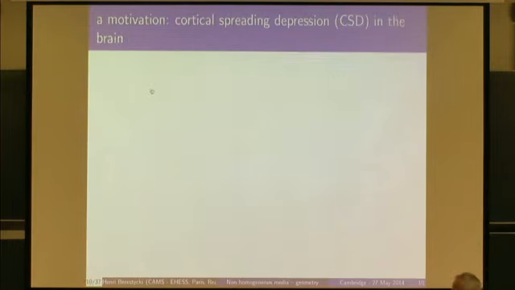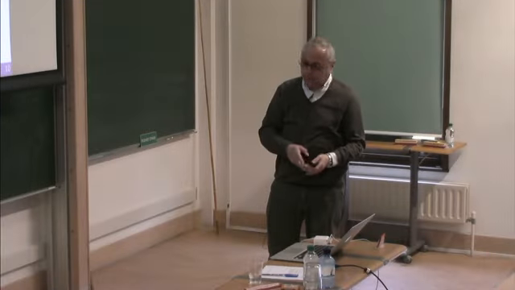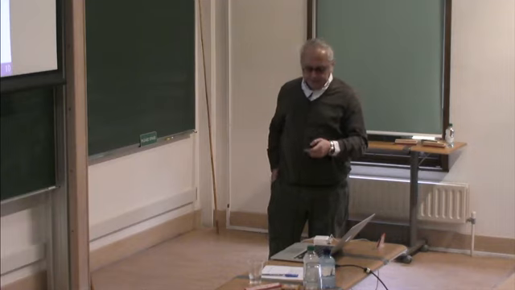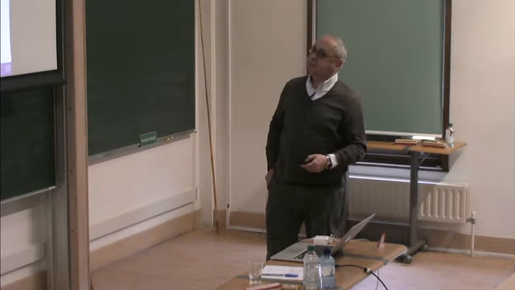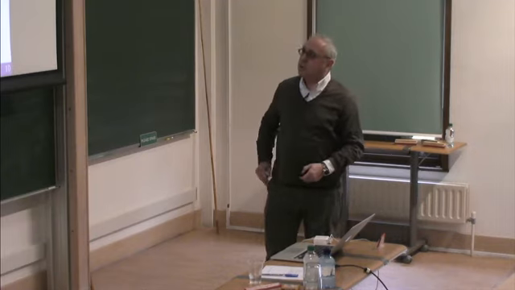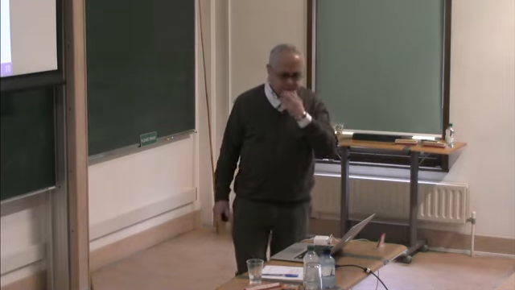So let me tell you about the motivation for looking at this. The motivation is actually a model that comes from neurosciences, and it's a question that comes from the spread of cortical spreading depressions in the brain. So what is a cortical spreading depression?